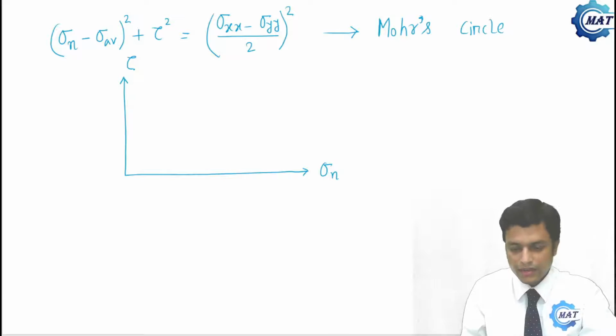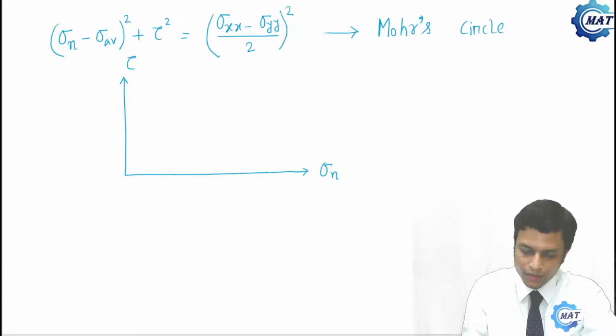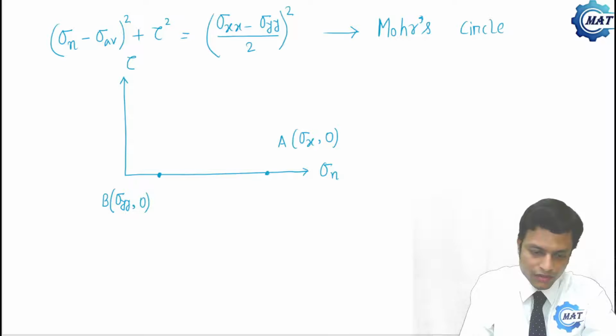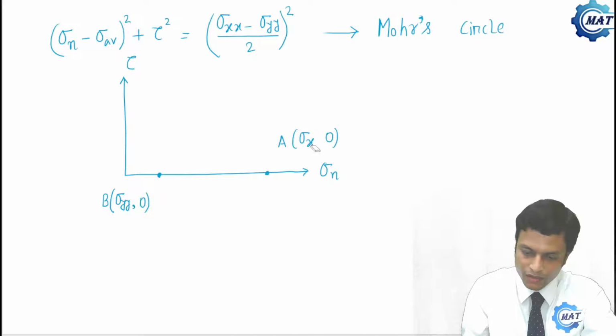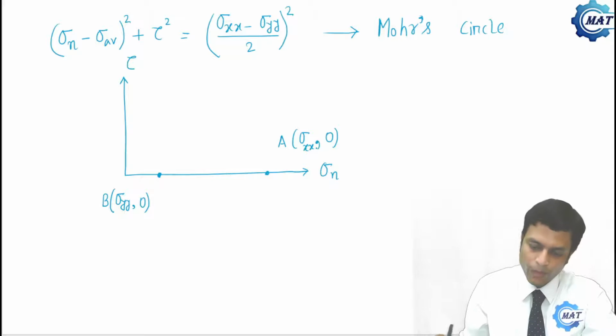Then we locate point A whose coordinate is sigma xx comma 0, and point B whose coordinate is sigma yy comma 0. Sorry, I am extremely sorry, this will be sigma xx comma 0.